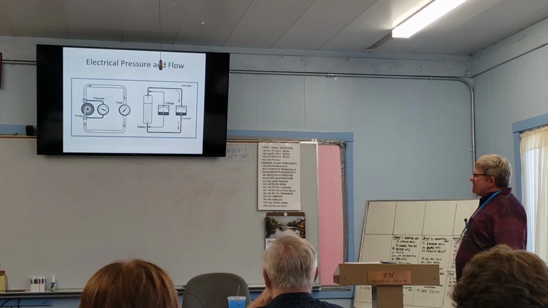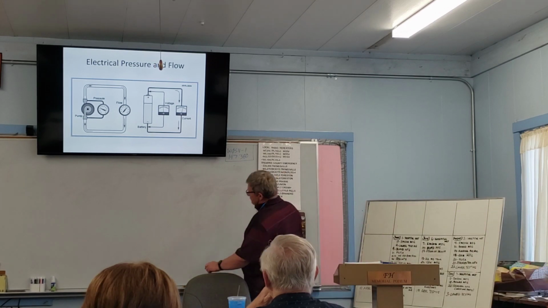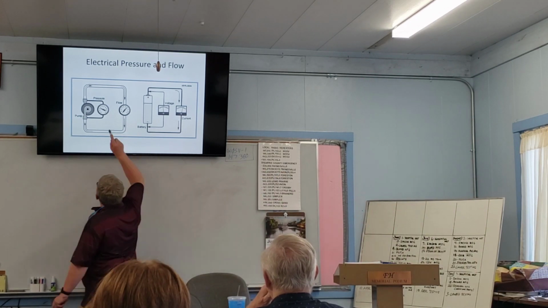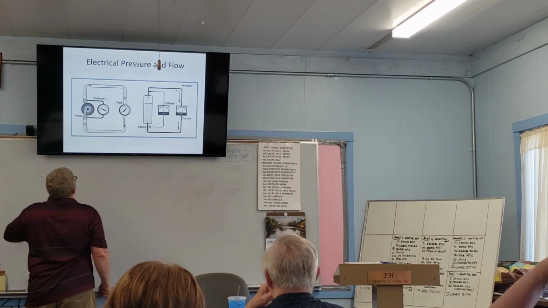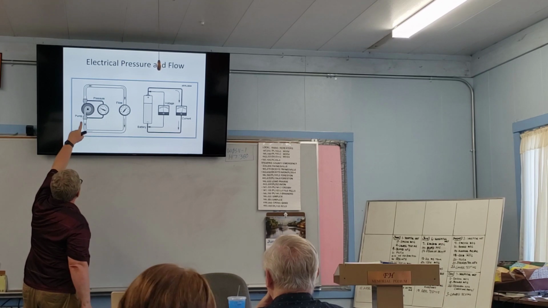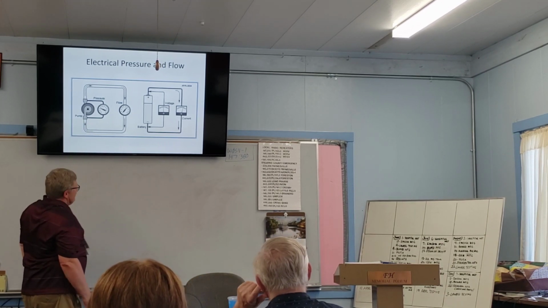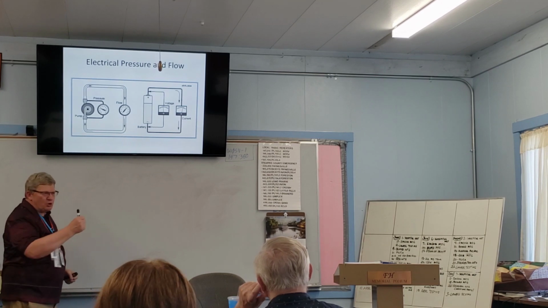So let's take an example here. We have pressure here, okay? And that pressure comes from a pump. A pump is driving pressure, okay? As the pump winds stuff up, it's pushing it along.